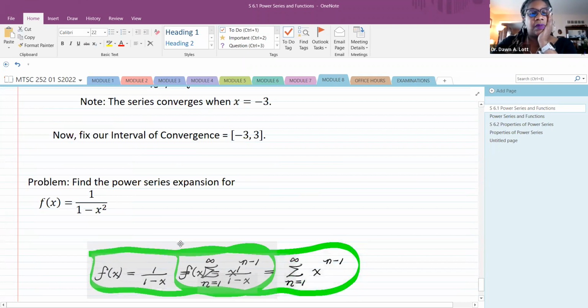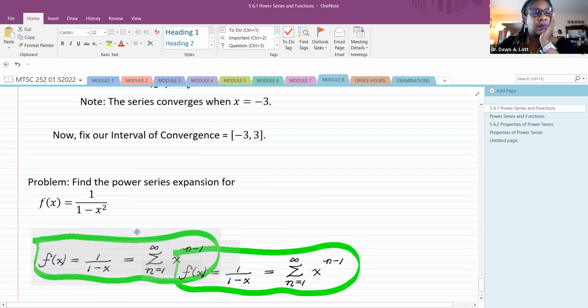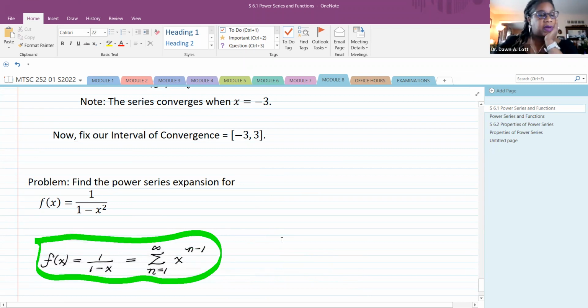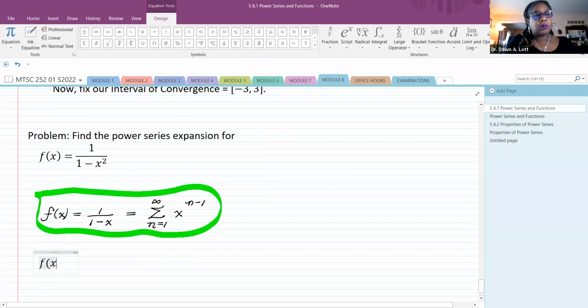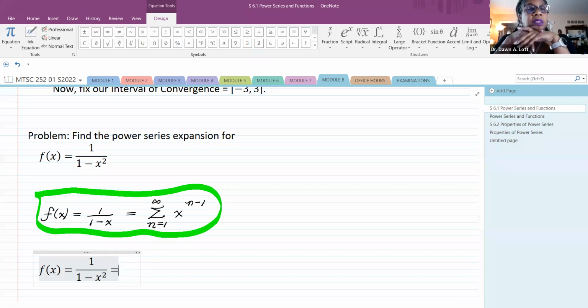All right, so we have the power series for 1 over 1 minus x look like that. So what do you think I need to do to get the power series for 1 over 1 minus x squared? You've got 3 minutes.